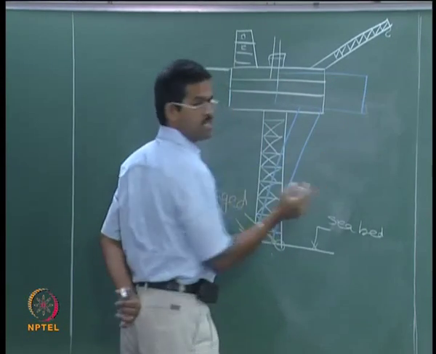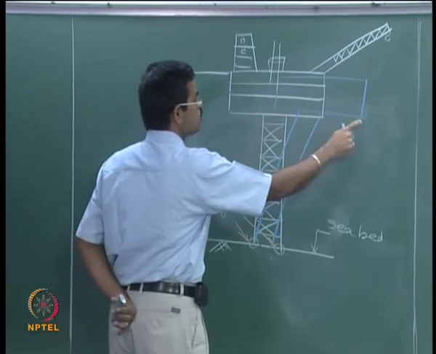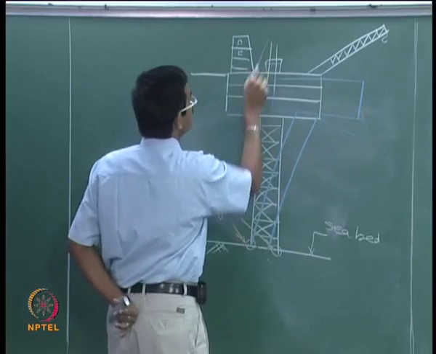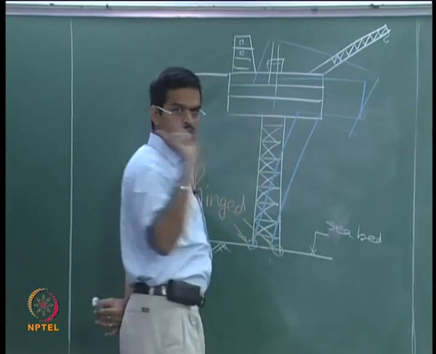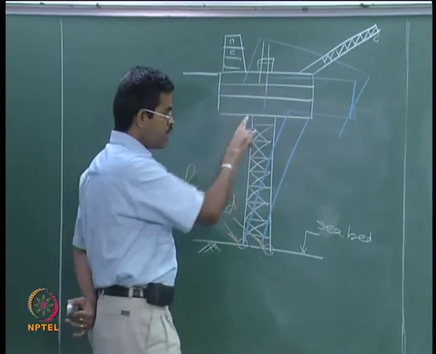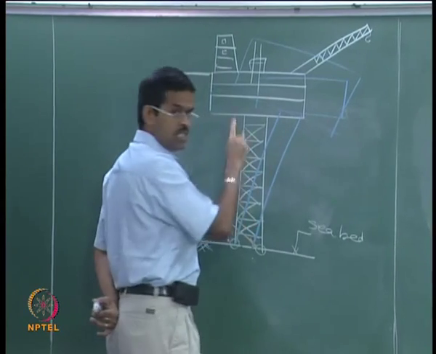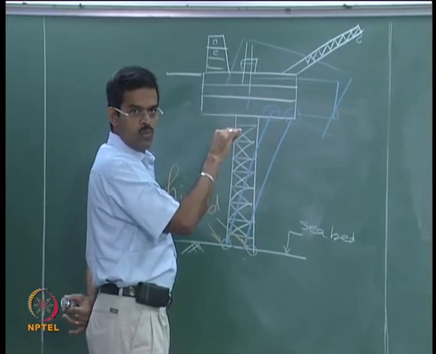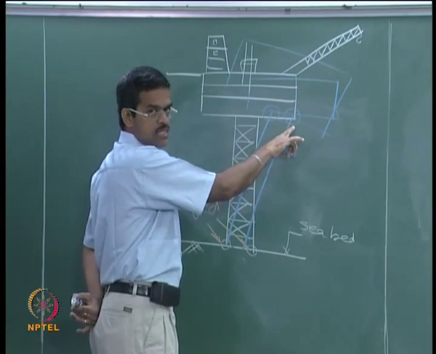Now, there are two catches here. One, the deck should remain horizontal, because if the deck gets inclined, then I cannot do my drilling operation. The deck should remain horizontal. So, it is essential that there should be a hinge required here also. Okay? We are not discussing that.